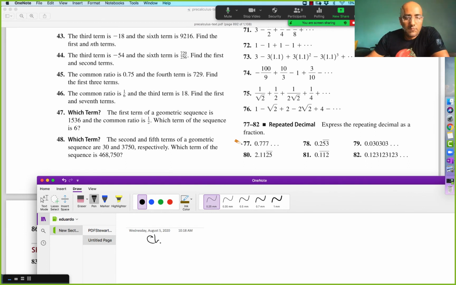This is chapter 12, section 3, number 80, and it has 2.1125 bar, and it says express the repeating decimal as a closed fraction.